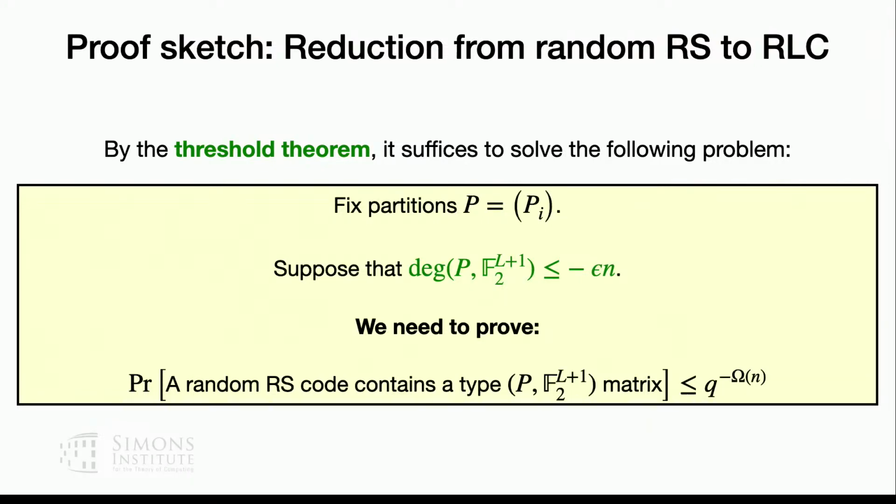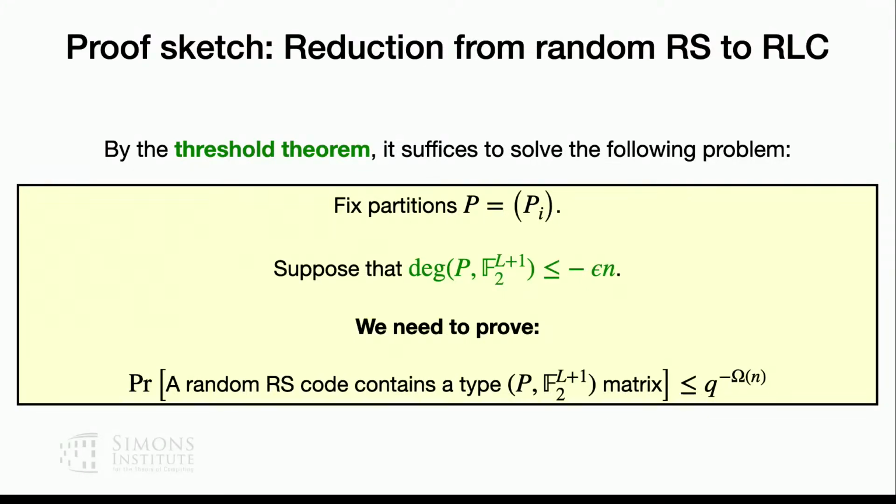So fix partitions, and we're only going to consider again the case where we don't impose any linear constraints between the xi's, but it works the same if we do impose constraints.